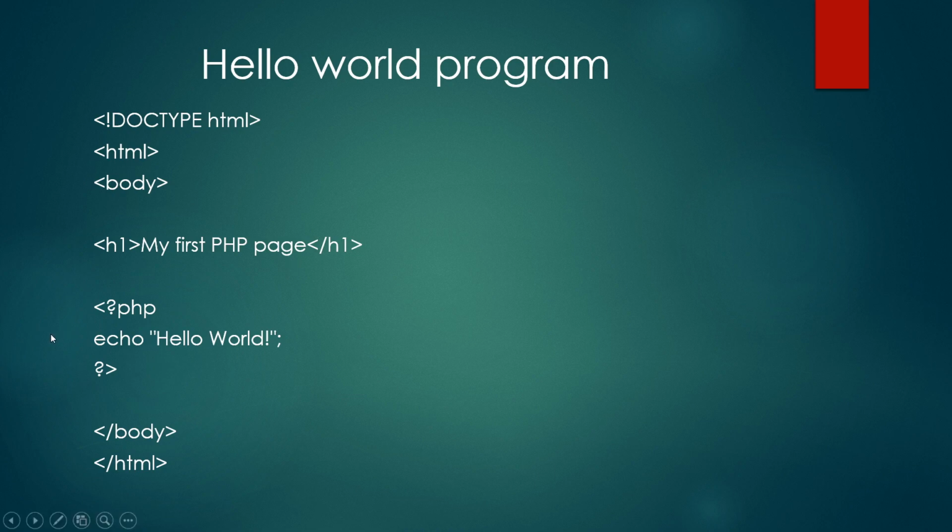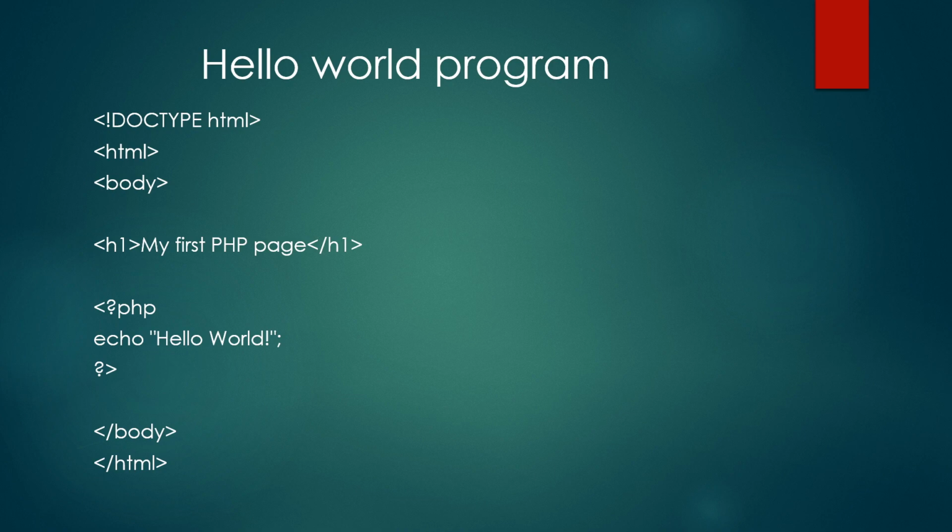And here, as you can see, our PHP script has started. So you can write PHP script anywhere, as I said, inside HTML, outside HTML, anywhere. And here we have written just one statement, echo hello world. Now we will be learning what echo means. Echo is used to output the data. It is used to print something onto the screen.